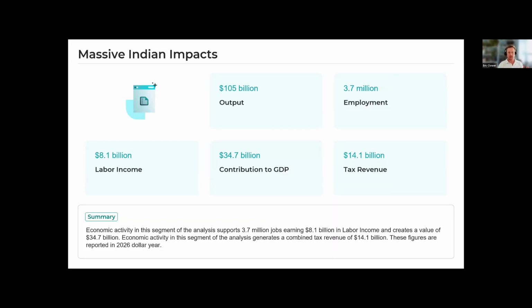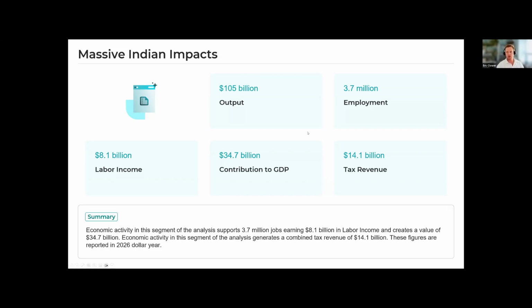As a starting point, I've just set up a single region analysis. I've said, okay, I want to look at the impact of an industry employment event in computers and electronics in India with 145,000 employees. And you can see here that these numbers tell a pretty powerful story, right?